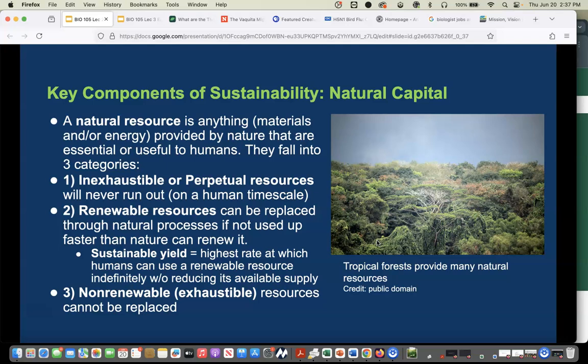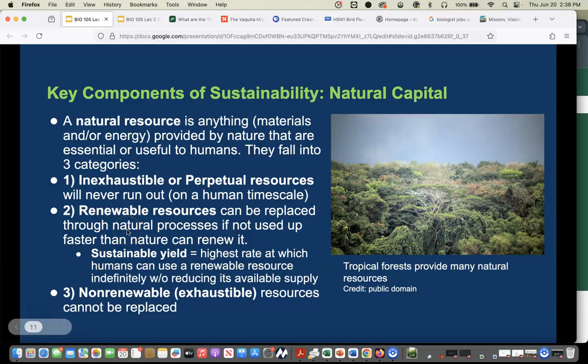But again, they're only renewable if they're not used up faster than nature can renew them. When we talk about fisheries right now, there are certain fish species that we are not fishing sustainably, and because of that, they are no longer a renewable resource. We are removing them faster than they can replace themselves.